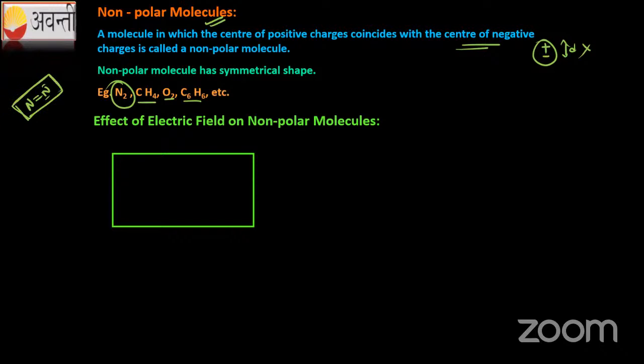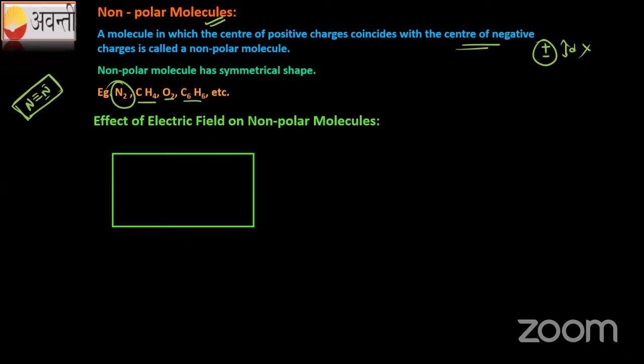In atomic structure the value triple bond, sir. Okay, triple bond. They are actually coincide here. O2 में also, CH4 same and C6H6 benzene also. Okay, they are coincide each other.